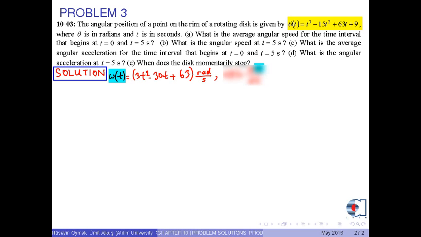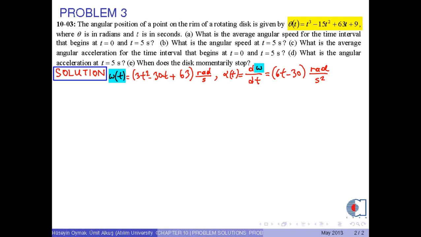Also, since the angular acceleration alpha of t is the first time derivative of angular speed, we get 6t minus 30 radians per second squared.